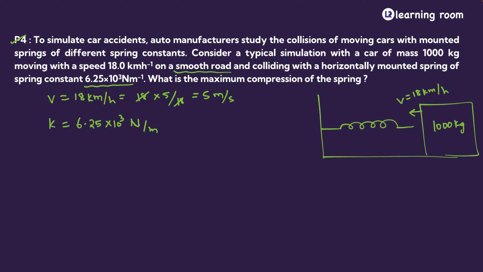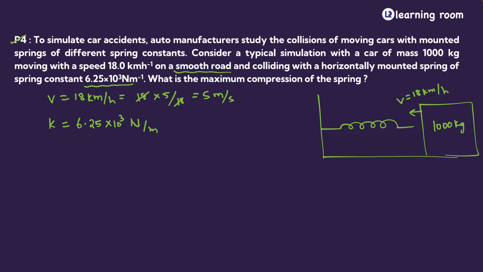Now what will happen is this car will collide with this spring and it will compress the spring. Till what extent can it compress? Till a certain value of xm. Now they are asking what is the maximum compression of the spring. For that, the expression is very simple.